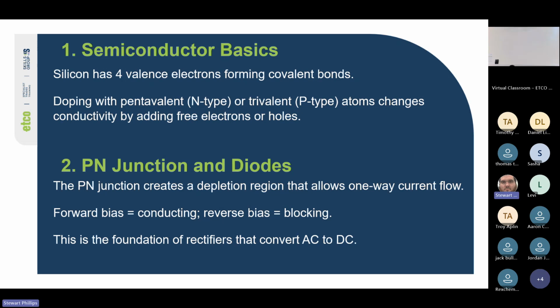This is the foundation of rectifiers that convert AC to DC. Remember, pentavalent means 5, so penta, as in pentagon, 5 sides or 5 electrons. And trivalent, tri like a trident or triple, means 3.